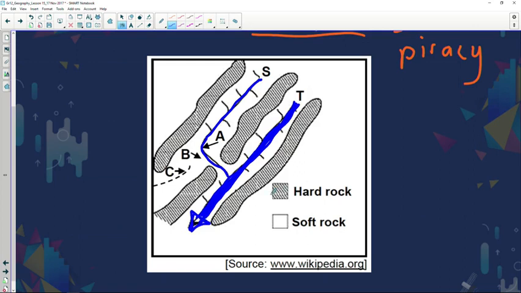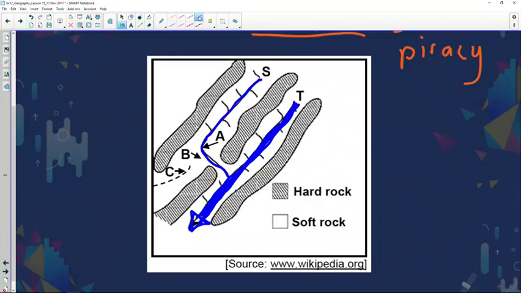Now if you look at your keys over here, there's hard rock and soft rock. Now very importantly over here, hard rock is more resistant to erosion than soft rock. So the type of erosion that we're going to experience here with stream piracy is also known as backwards erosion.